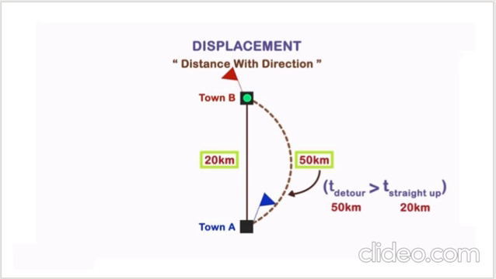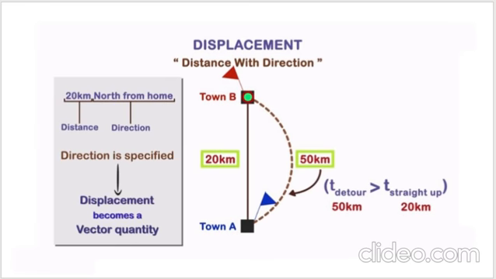So when I say displacement, let's take the same example. The straight road was 20 kilometers. The detour road, the roundabout way, was 50 kilometers. So obviously the detour has more distance. Correct? Now suppose Town B is 20 kilometers north from home. So 20 kilometers is the distance here. North is the direction.